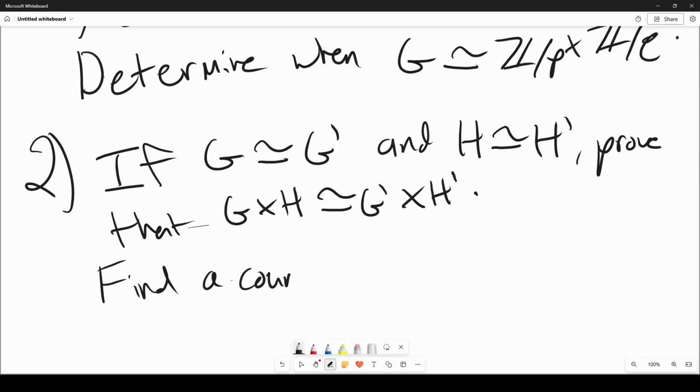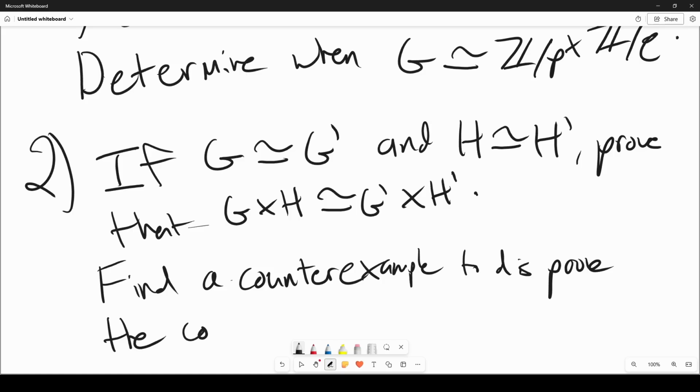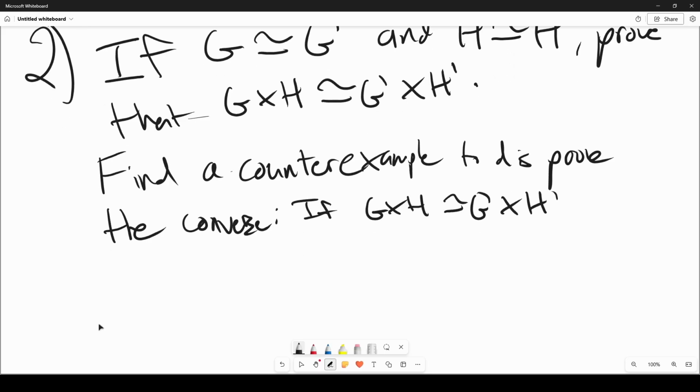So find a counterexample to disprove the converse, which says if G cross H is isomorphic to G prime cross H prime, then G is isomorphic to G prime and H is isomorphic to H prime. And maybe as a hint, think about some of the theorems we proved at the beginning of this video lesson about cyclic groups and their products. Okay, thanks for watching.